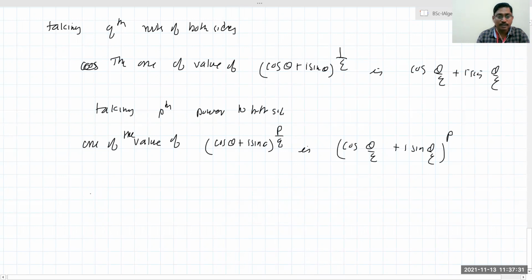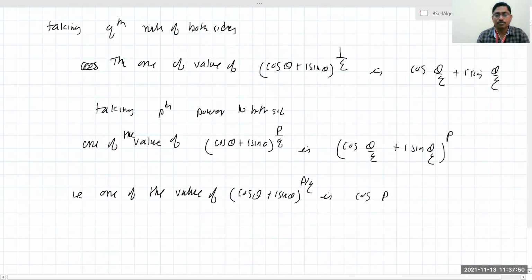So once again, I just apply De Moivre's theorem case 1 here by multiplying by p. So one of the values of cos theta plus i sin theta raised to p by q is cos of p by q theta plus i sin p by q theta.